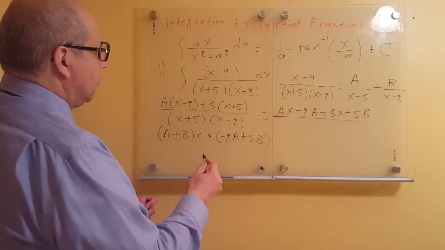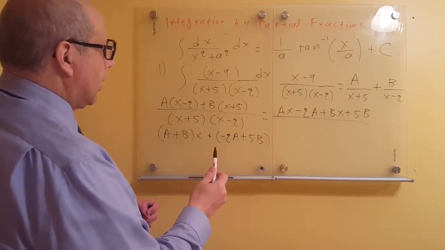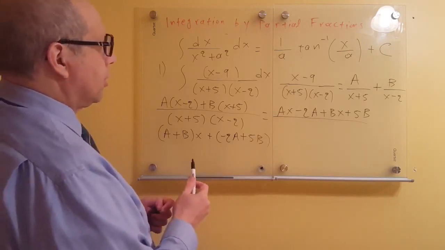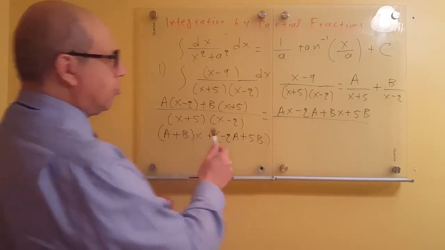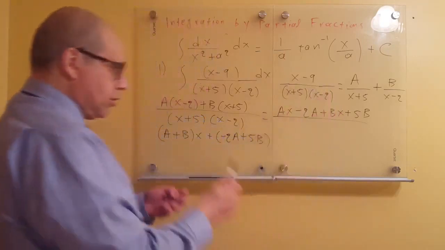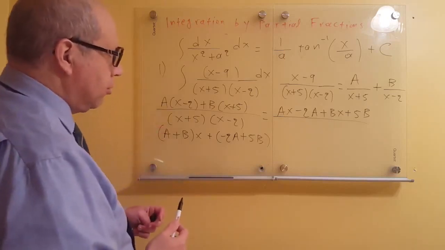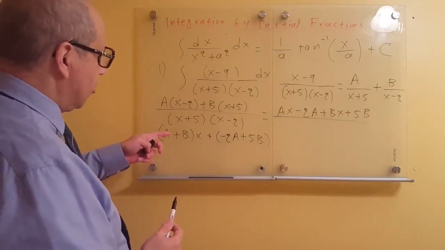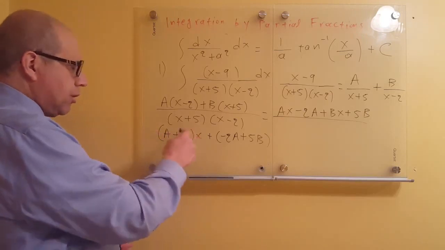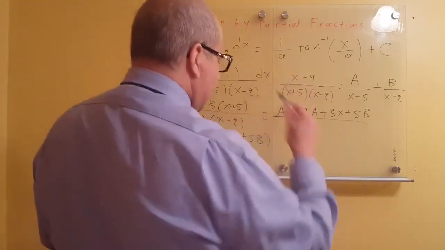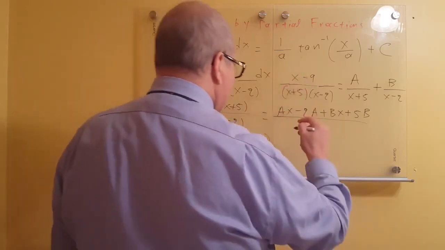In order for this to be equal to this, because it's the same thing, we have to make sure that the coefficient before the x, which is a plus b, is equal to the coefficient here, which is 1.